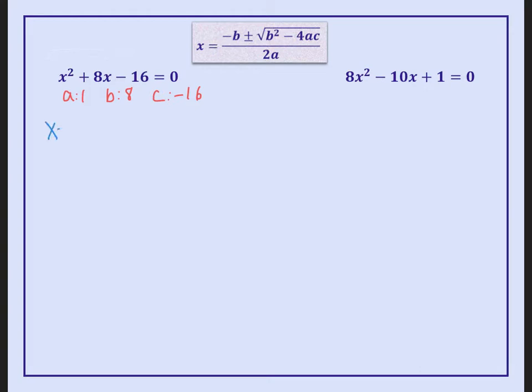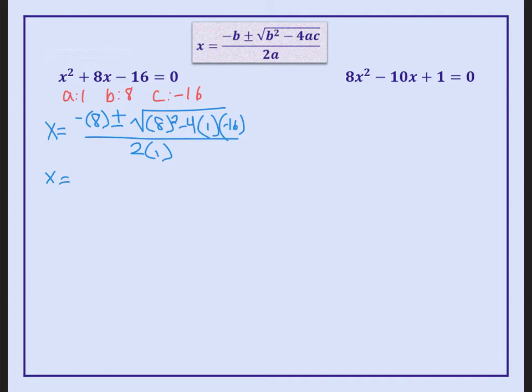So x equals negative 8 plus and minus the square root of 8 squared minus 4 times 1 times negative 16, all divided by 2 times 1. The next step is going to be to get rid of the parentheses.